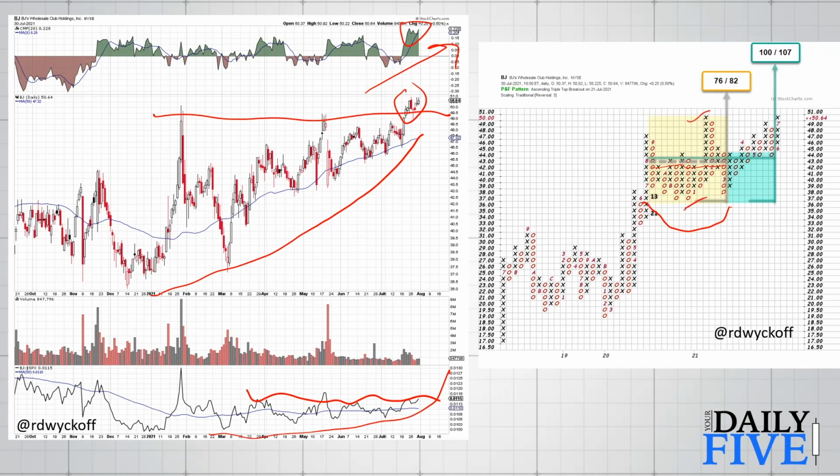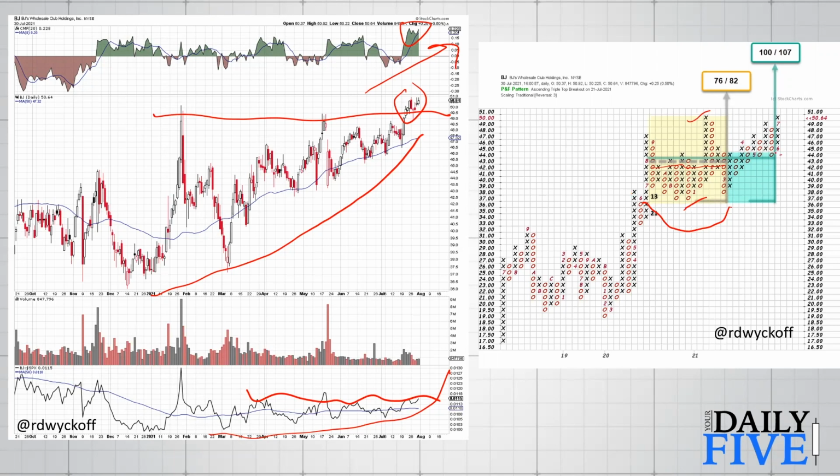So if we don't have a really good count line to work with on the point and figure, and you can go back and look at my videos on how to do count lines, and also how to do horizontal counts. But for now, we take the midpoint of that. That gives us a count 76 to 82 as an objective range of price.